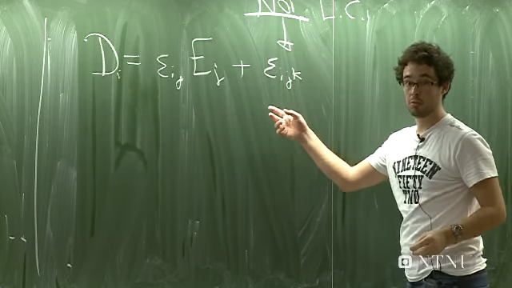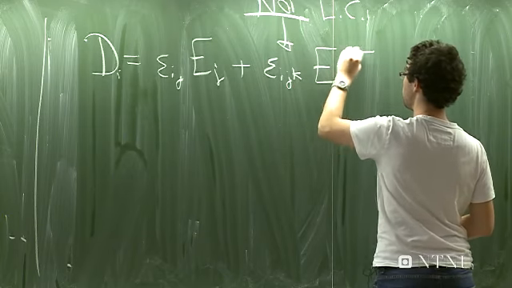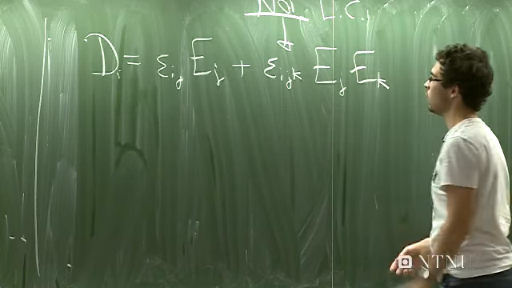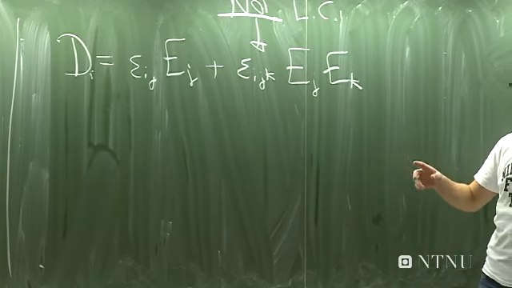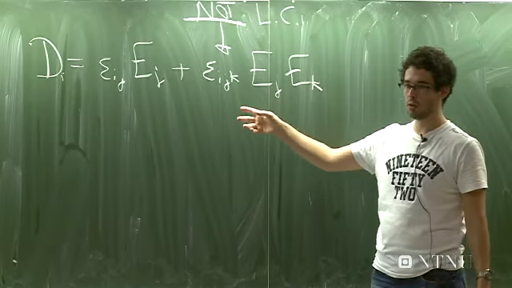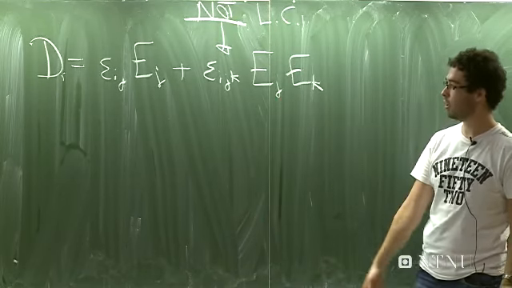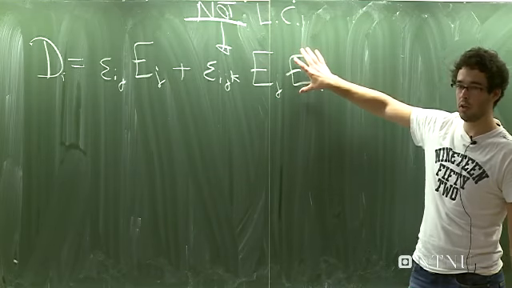This is not the Levi-Civita symbol today. E_j, E_k. So now, if I have a field in the y direction and the x direction, it could change the field in the z direction as a product. And this is, of course, essentially E squared.